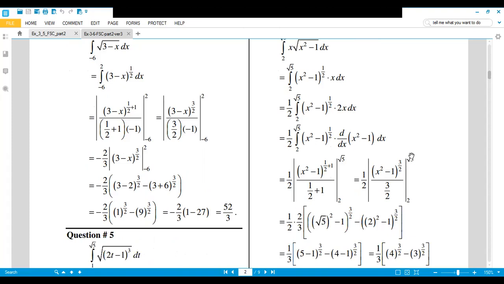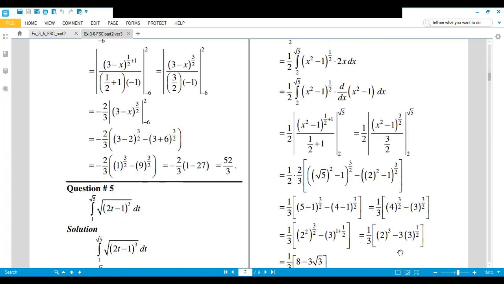So we put the square root of 5 in place of x, and then for the lower limit 2 in place of x. So we get 1 over 3, the square root and square cancel. So we get 5 minus 1 to the power 3 over 2, minus 4 minus 1 to the power 3 over 2. So 5 minus 1 is 4, 4 to the power 3 over 2, minus 3 to the power 3 over 2.